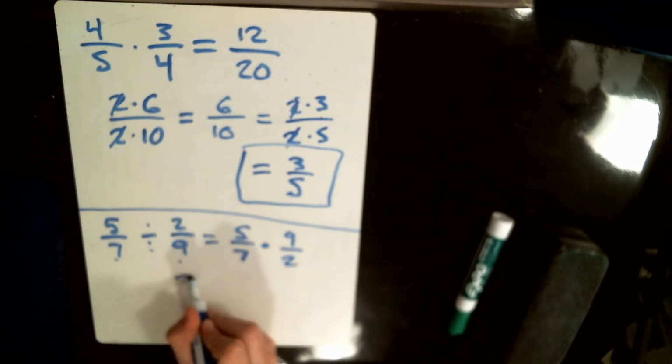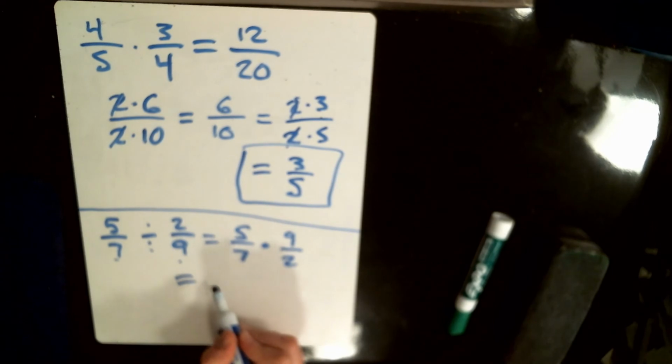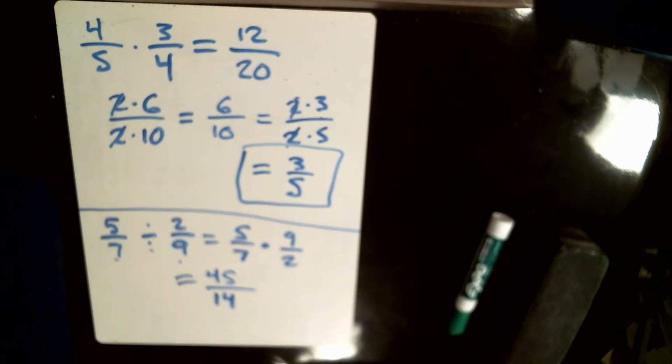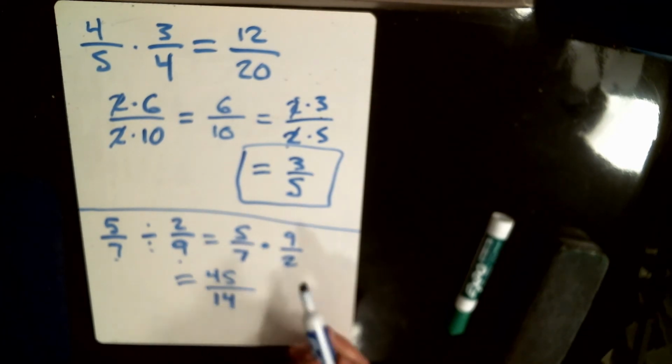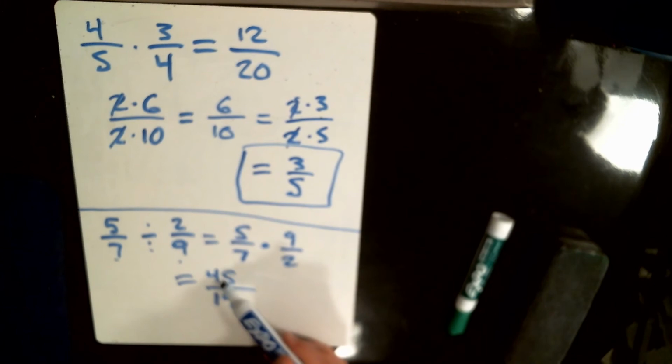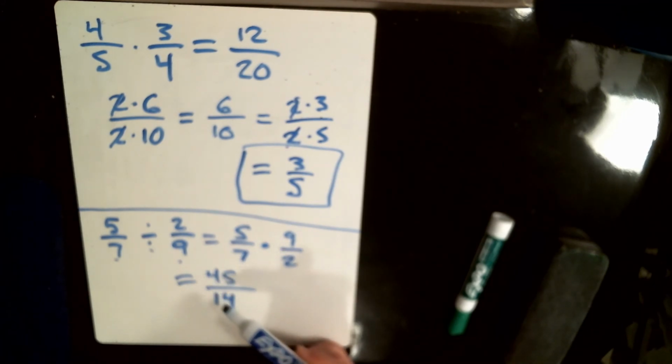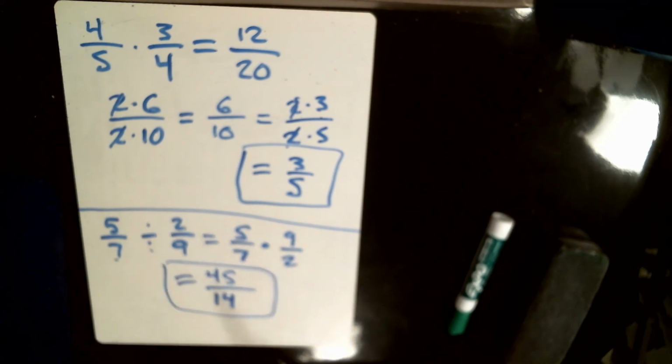So then you just multiply straight across. You get 5 times 9 is 45. 7 times 2 is 14. We could think about common factors. Well, 5 and 9 go into 45, but those don't go into 14 at all. Does 2 go into 45? No. Does 7 go into 45? No. So this is as simple as I can get. Okay, so that's how you divide.